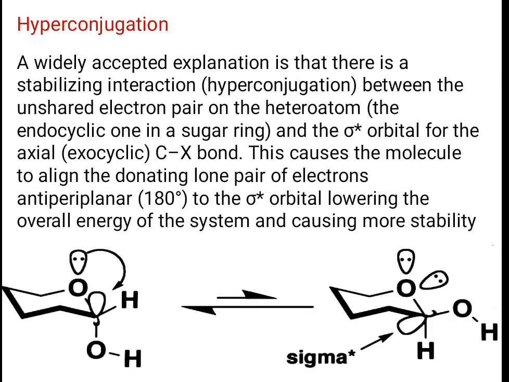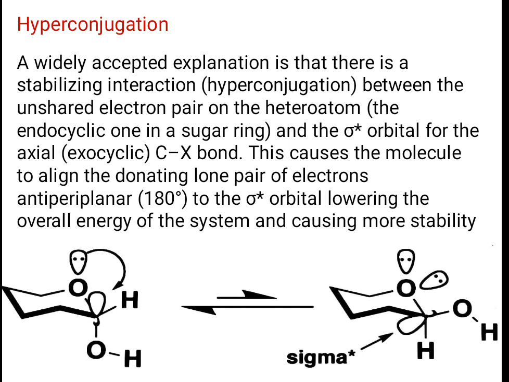Another one is hyperconjugation. A widely accepted explanation is that there is a stabilizing interaction, which is hyperconjugation, between the unshared electron pair on the heteroatom, the endocyclic one in a sugar ring, and the sigma star orbital for the axial C-X bond.